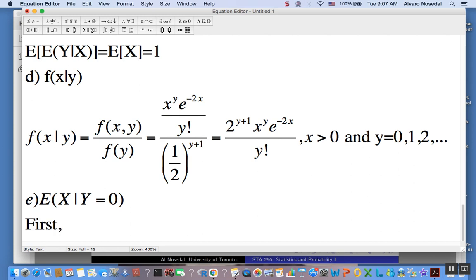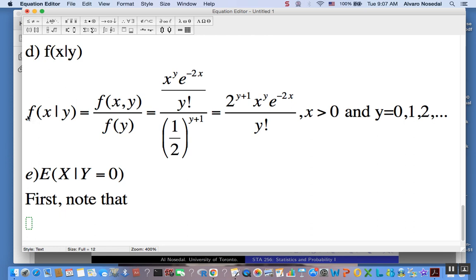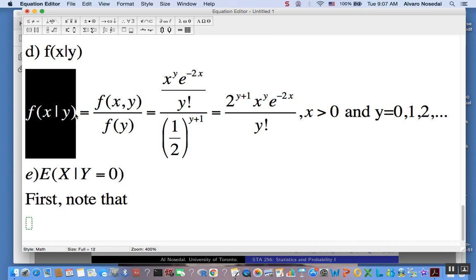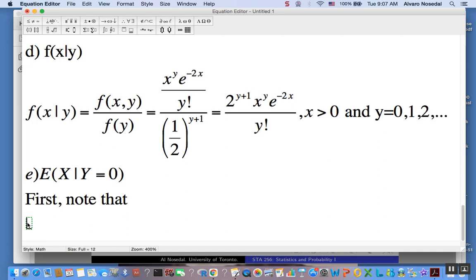First, note that we're going to be doing this. First we find the right conditional given that y is 0. Okay? If y is 0, we have 2 to the 0 plus 1 power, x to the 0 power, e to the negative 2x divided by 0 factorial.